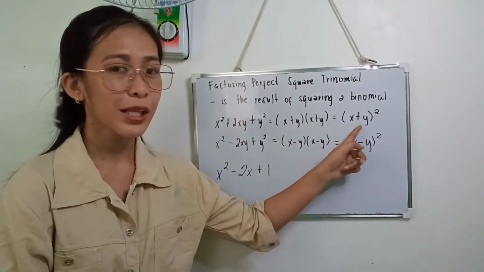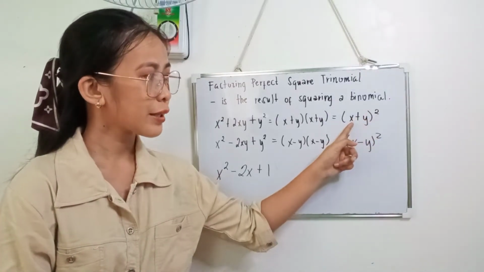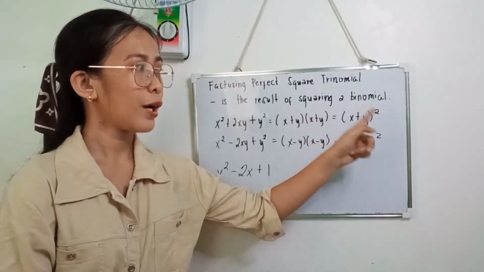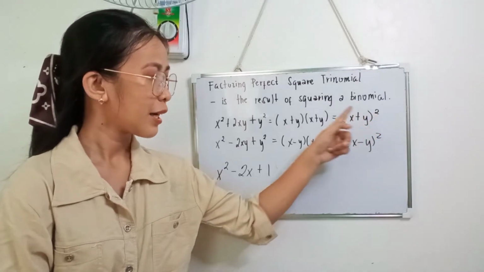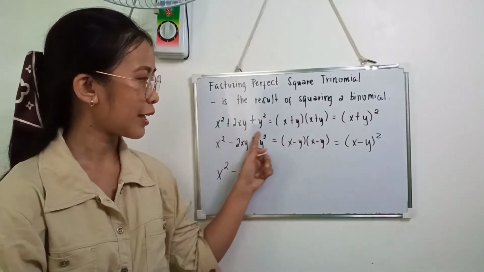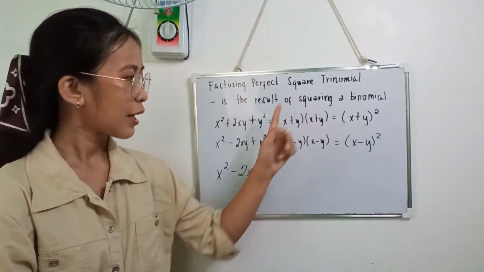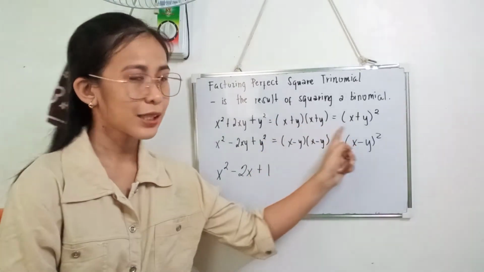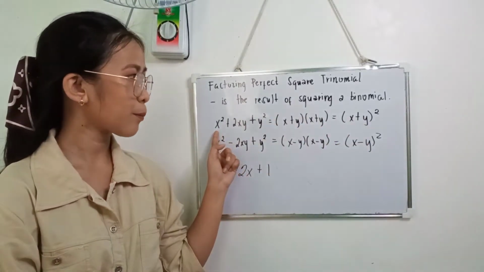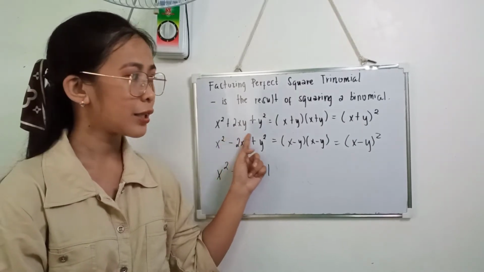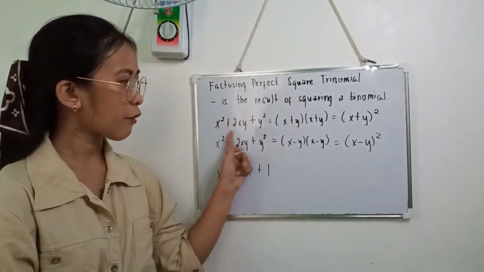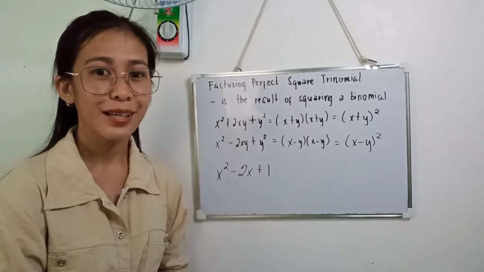This is x plus y raised to 2, and this is a binomial, and when we square this, ayan, ito yung makukuha nating sagot, ayan, kapag in-square natin yan, right? And then ito naman yung pinaka-factor na kasi, factored form ng ating perfect square trinomial, and ito yung tinatawag nating perfect square trinomial. Okay?